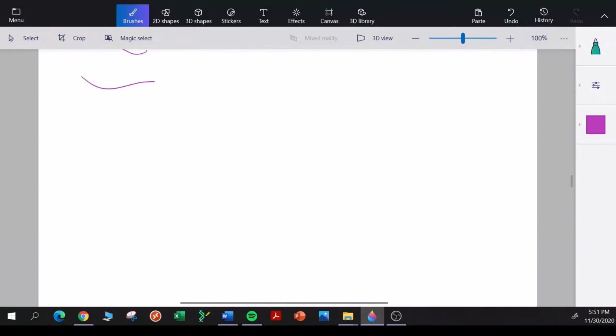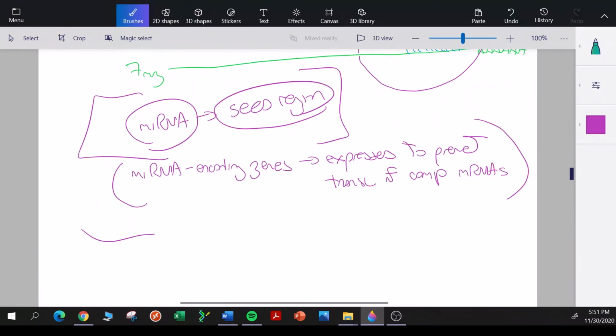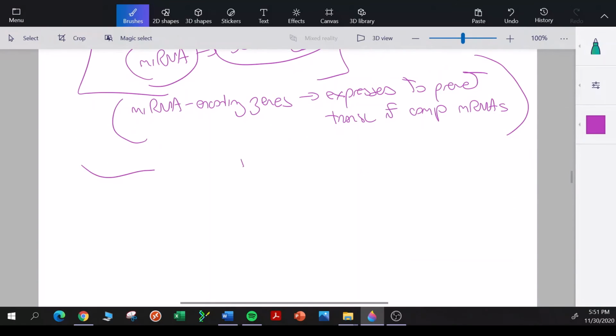So one other thing I want to touch on here. There are two mechanisms by which translation can be suppressed. One is that the messenger RNA can be cleaved. And it's widely thought that if the siRNA or the microRNA matches the messenger RNA perfectly, then the messenger RNA will be cleaved.